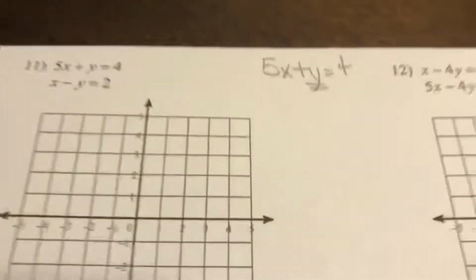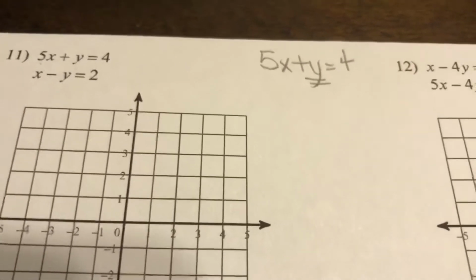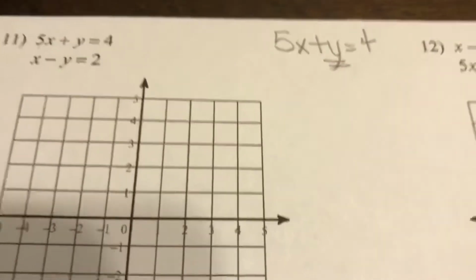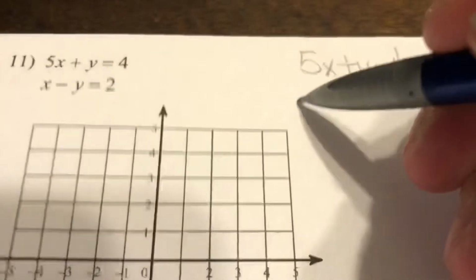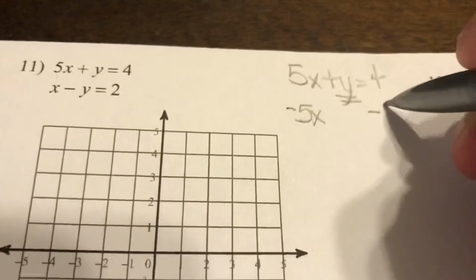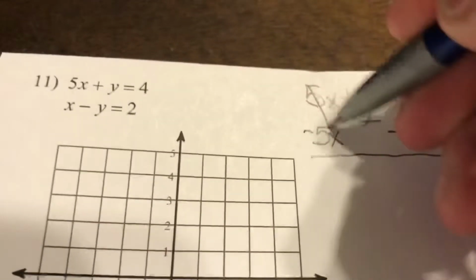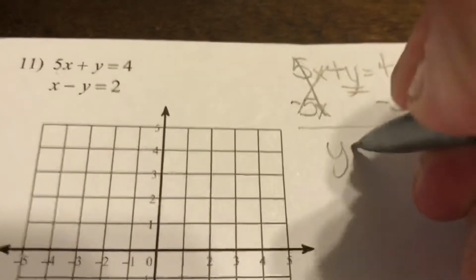So we've been moving variables across the equal sign. We know how to do that. So if I want y by itself, I am going to have to move that 5x. Well, if I'm going to move a positive 5x, the way I'm going to move it is by subtracting 5x. And what I do to one side, I have to do to the other. And so that is going to cancel that 5x, and it's going to leave me just with my y.